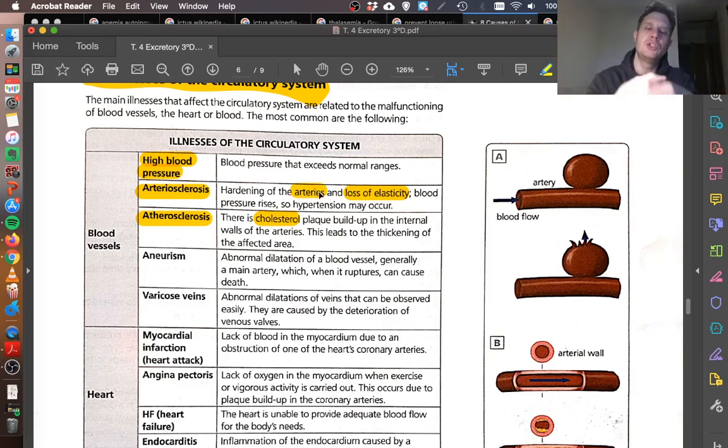So what happens when the arteries lose elasticity is that they can be bigger. With every high pressure, the artery is getting wider, and the heart needs to pump harder. So the blood pressure is getting high. To reach the organs, the blood needs to increase the pressure. So the artery gets bigger.